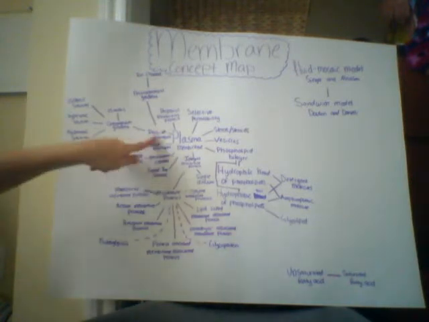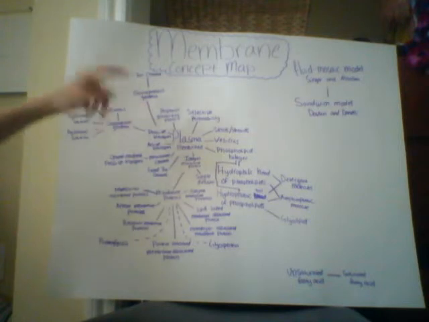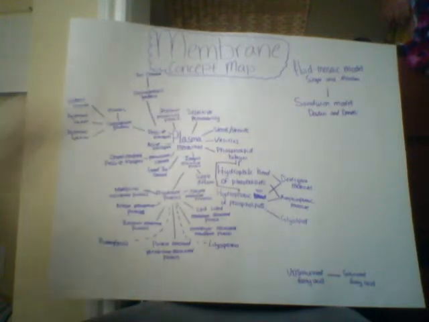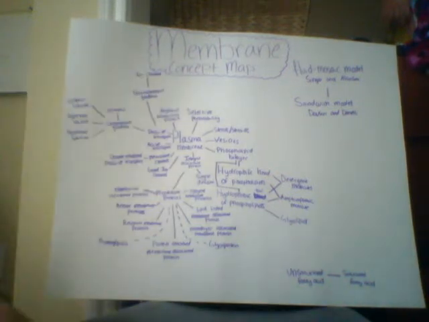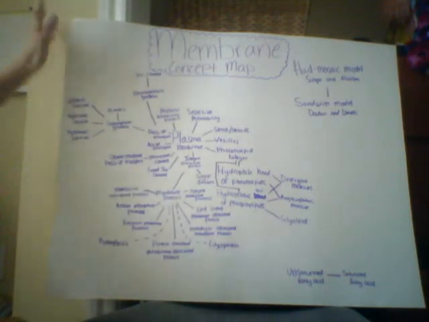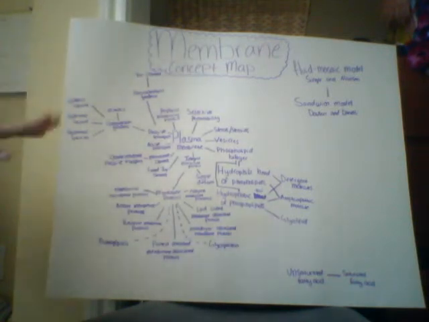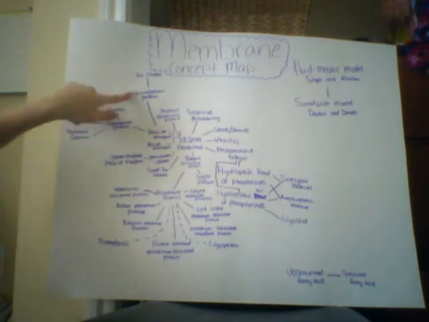So from passive transport, we can go to electrochemical gradient, which is the driving force that causes an ion to move across a membrane. And then from electrochemical gradient to ion channel, which is the protein that forms a water-filled channel across the lipid bilayer through which specific inorganic ions can diffuse down their electrochemical gradients.